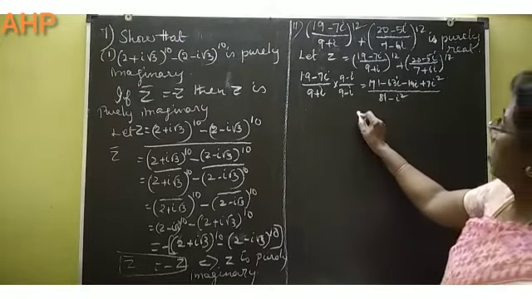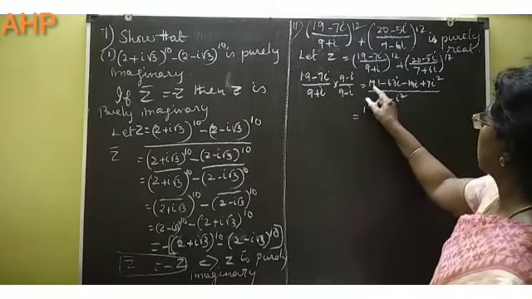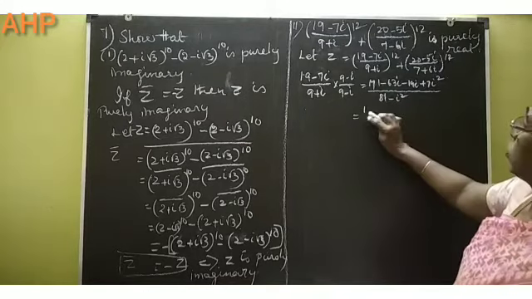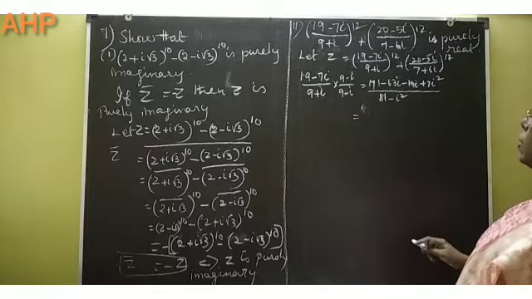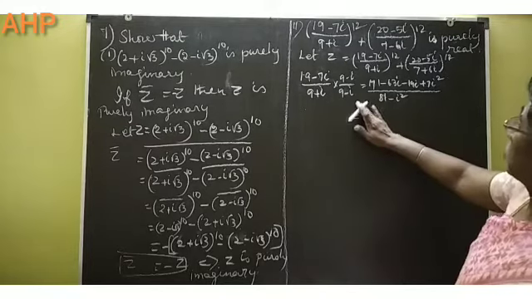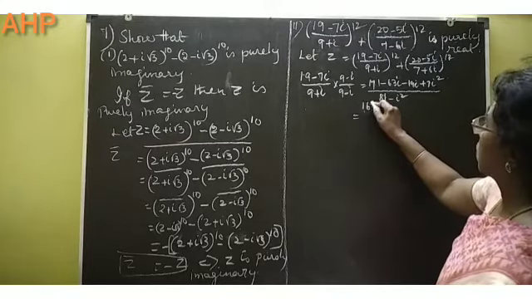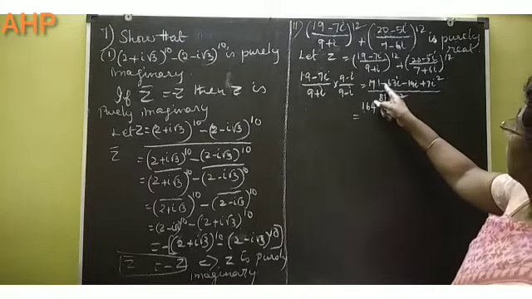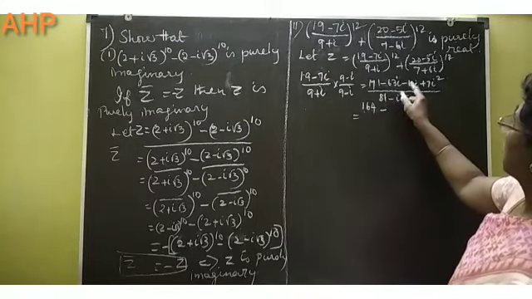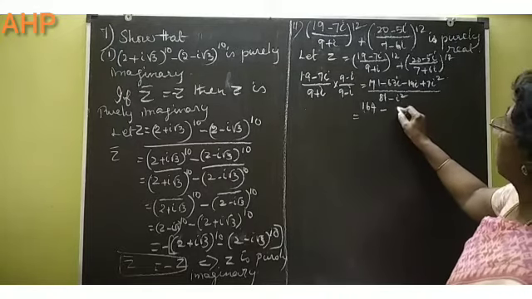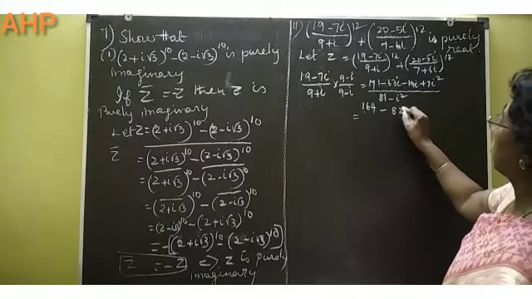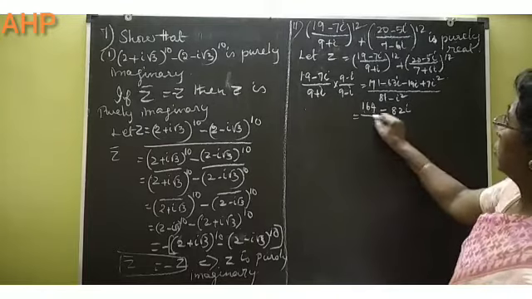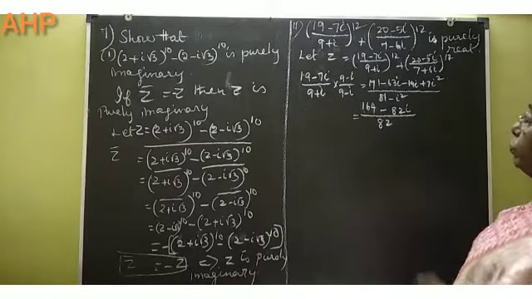So this is equal to 171 plus 7 gives you 164, here you get minus 63 minus 19, so minus 82i, divided by 82.